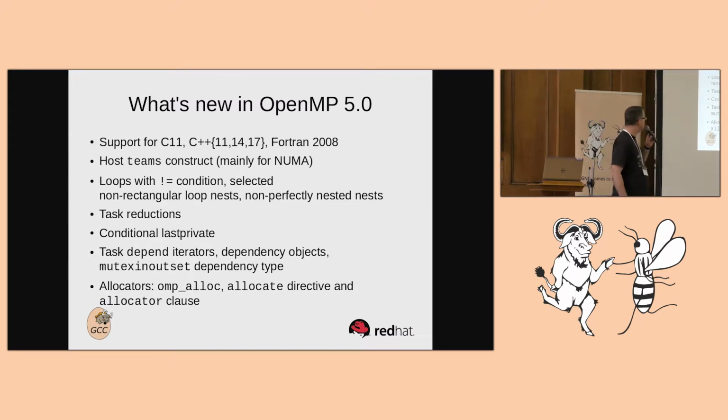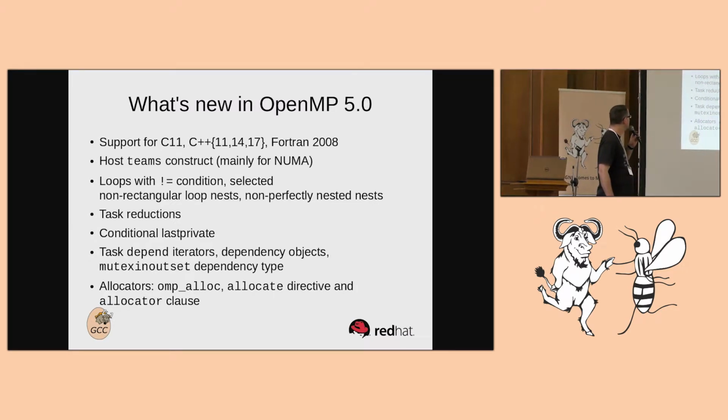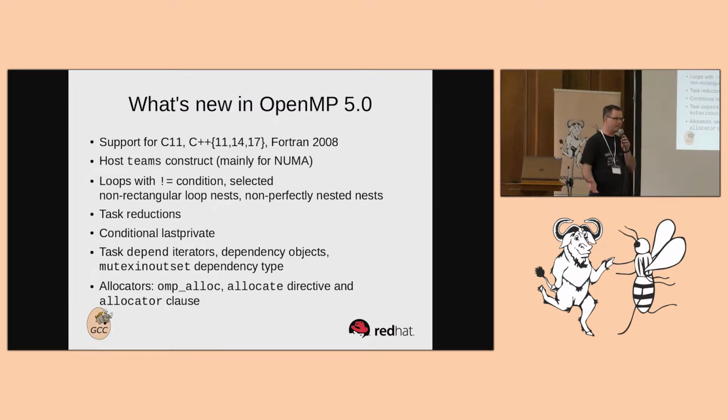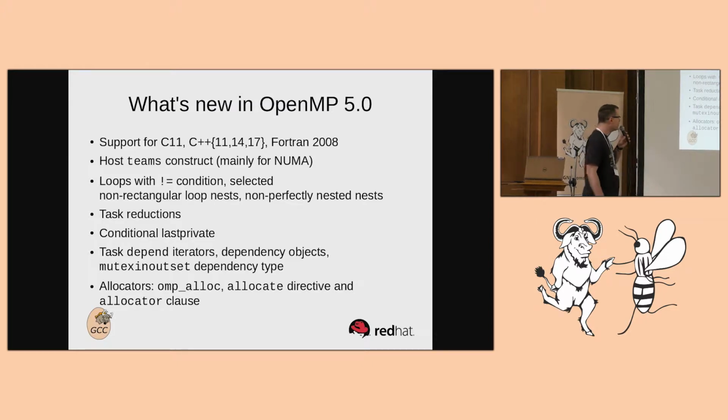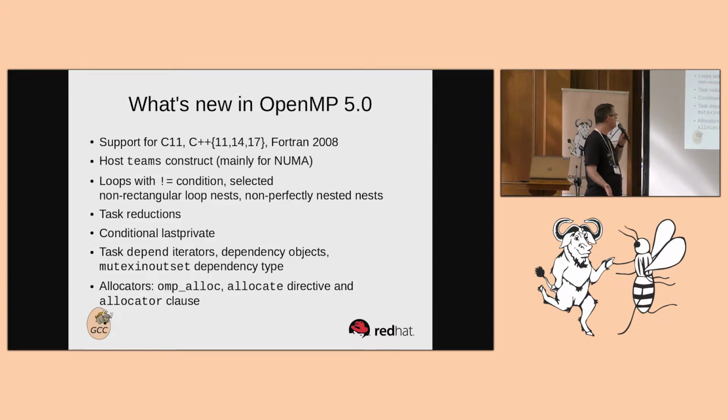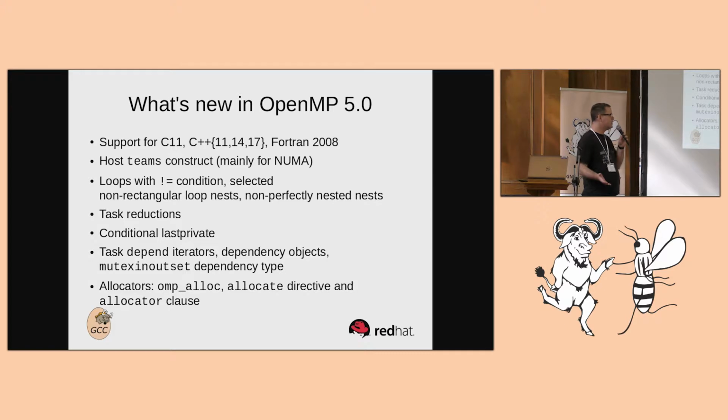So what's new in OpenMP 5? OpenMP 4.5 was limited to C99 and C++98, which is a little bit outdated, of course, because everyone wants to program in C++17 and C++14. So the support for these languages is in there. For some of the language features, no changes are needed, but for things like lambdas and structured bindings, we of course need extensions.